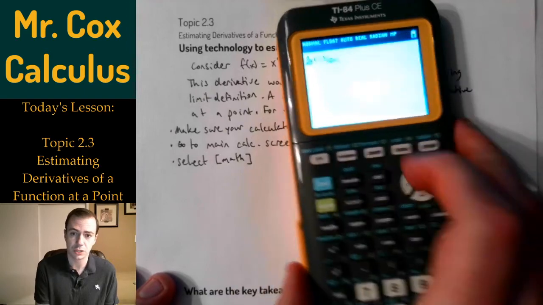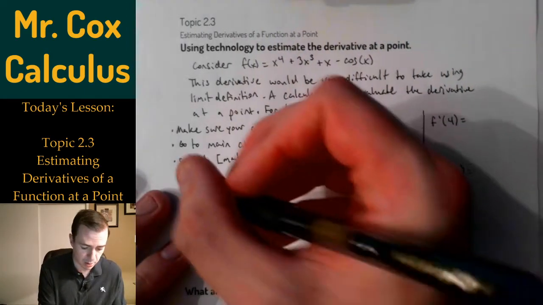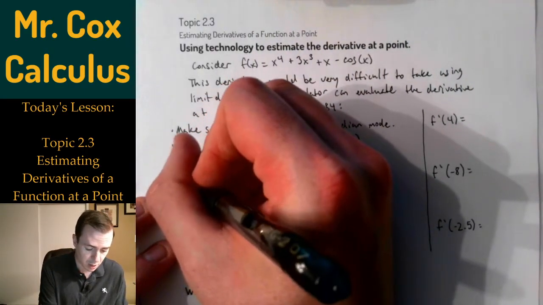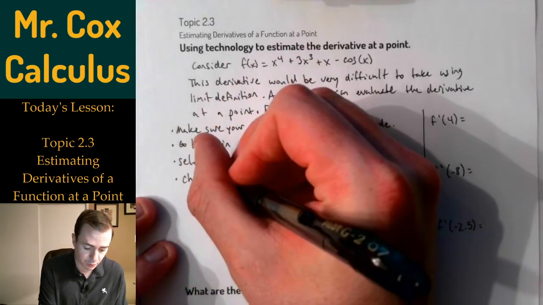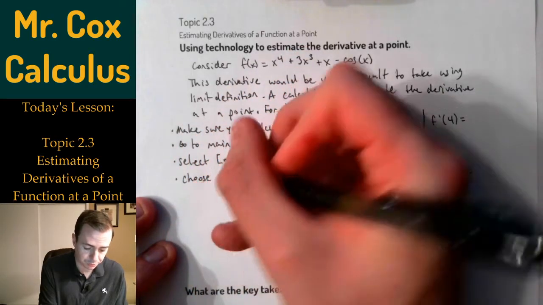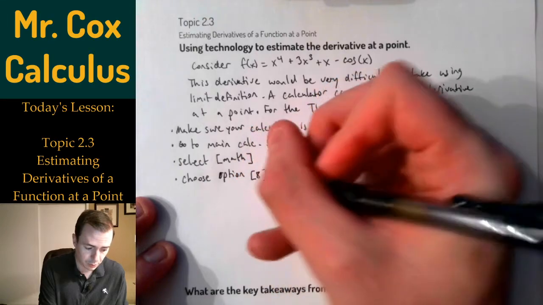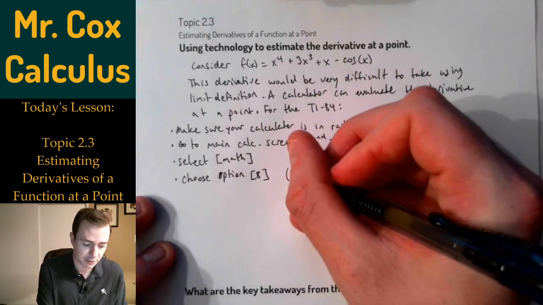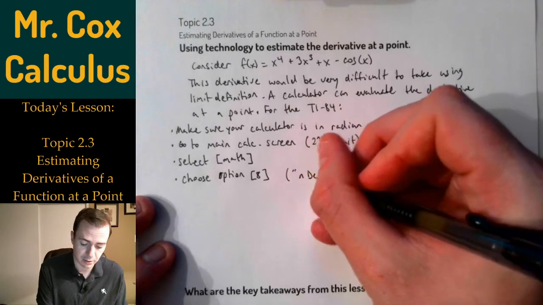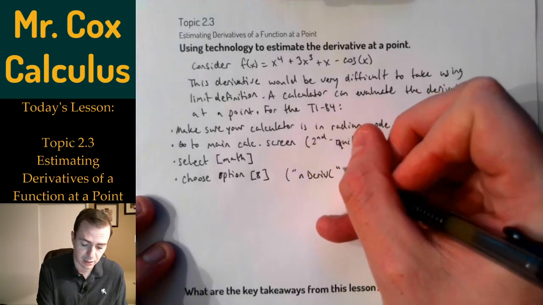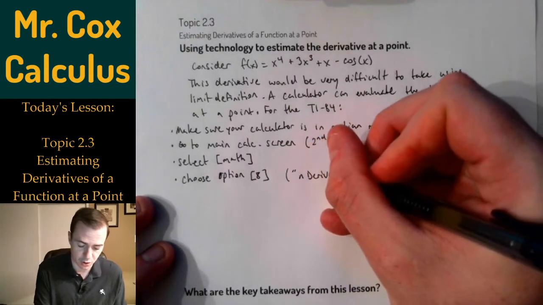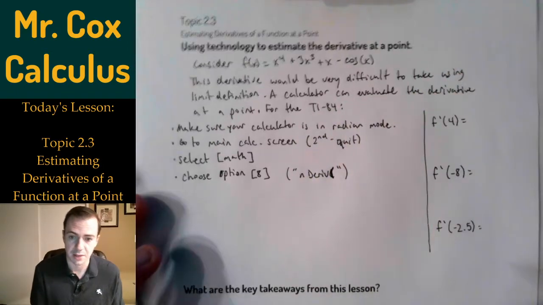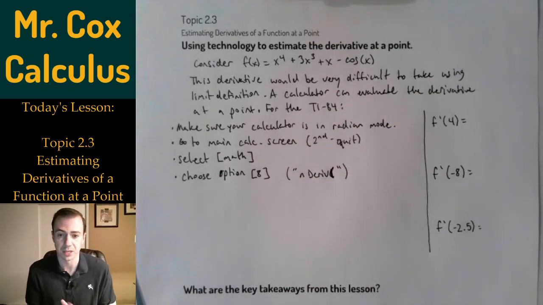So you'll choose option 8, which says NDERIV, and that has an open parenthesis as part of its notation. So that's the option you want.